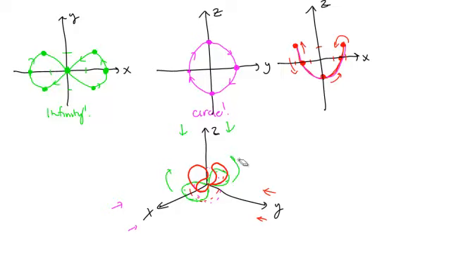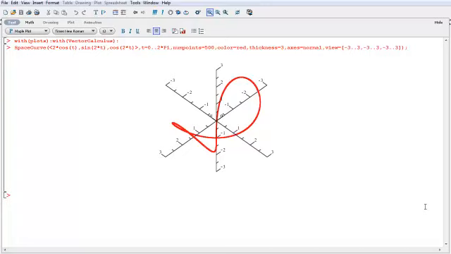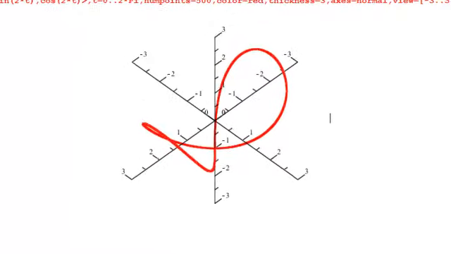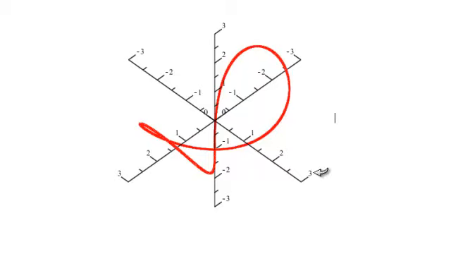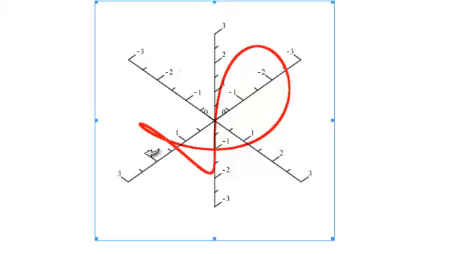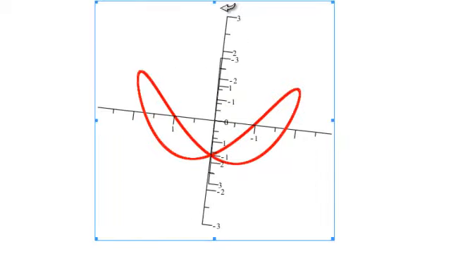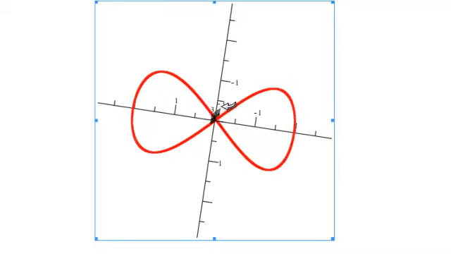my picture doesn't do this any justice, which is why technology rocks. If we were to render this curve using Maple, this is the plot we get. It doesn't look a thing like what I was describing just yet, but let's see if we can get some sense for it. If we look at this straight down from the top, down the z-axis, then we see an infinity curve, just like we said.